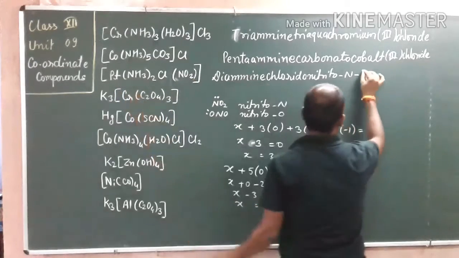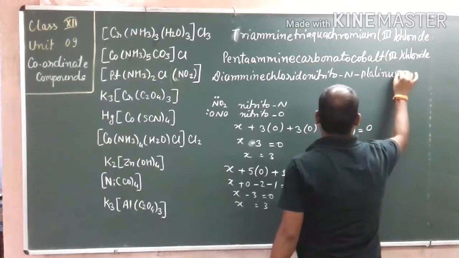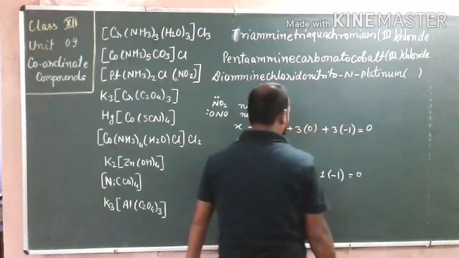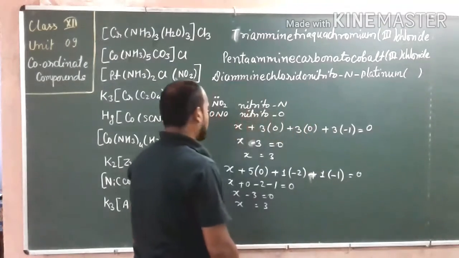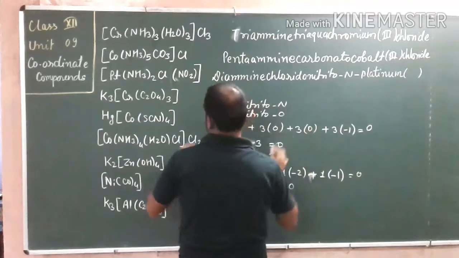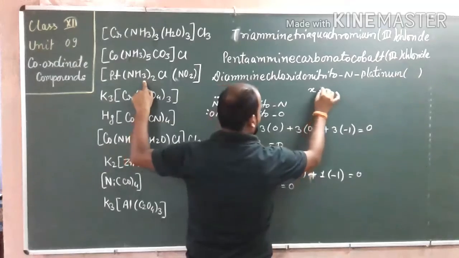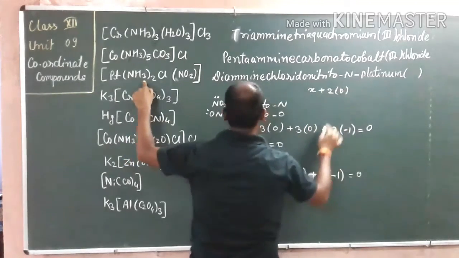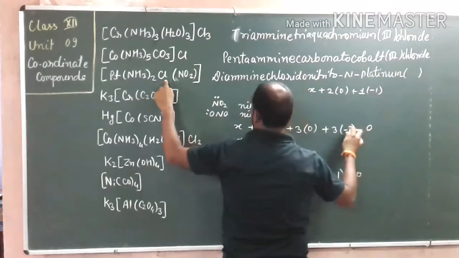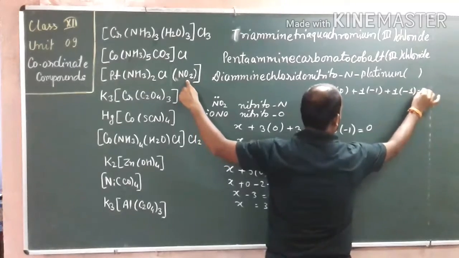After that, the name of Pt. The name of Pt is platinum, and after platinum, the oxidation number. So how can we calculate the oxidation number? Very simple calculation. See here. For Pt it is X, 2 × charge on NH3 0, Cl 1 ligand, charge on Cl minus 1, 1 NO2, charge on NO2 is minus 1, equal to 0.